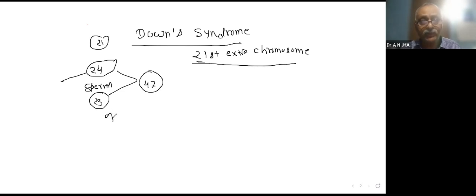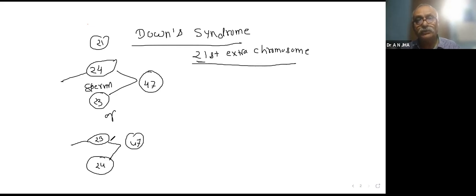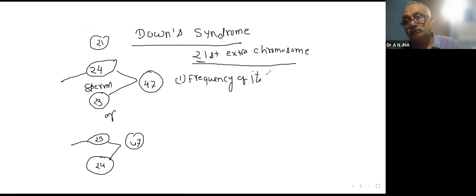Or it could be due to a normal sperm with an extra 21st chromosome, 47. So, the frequency of Down syndrome is equal in either male or female, both can suffer.